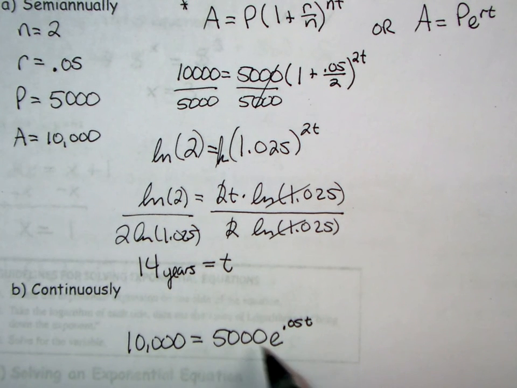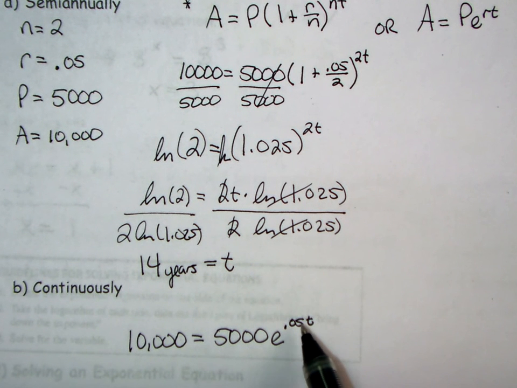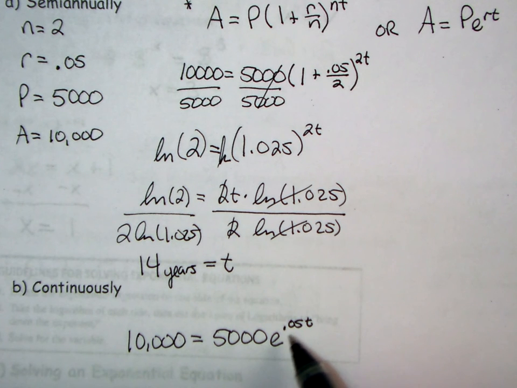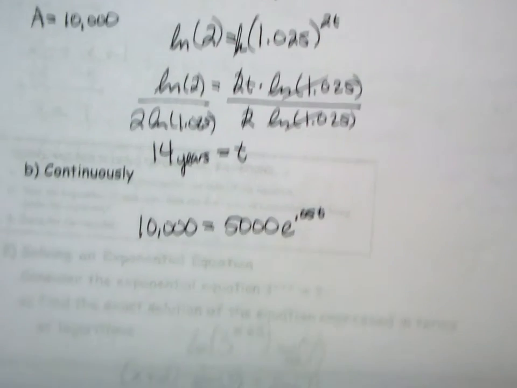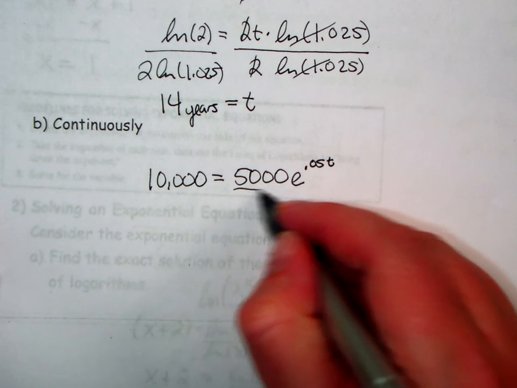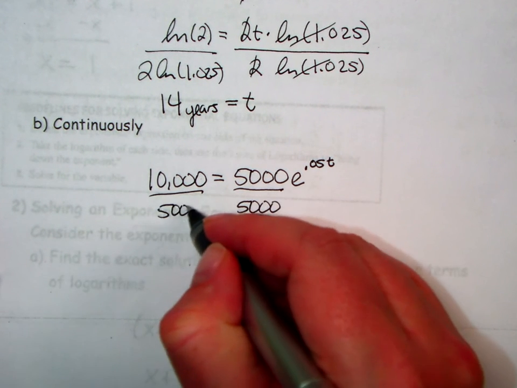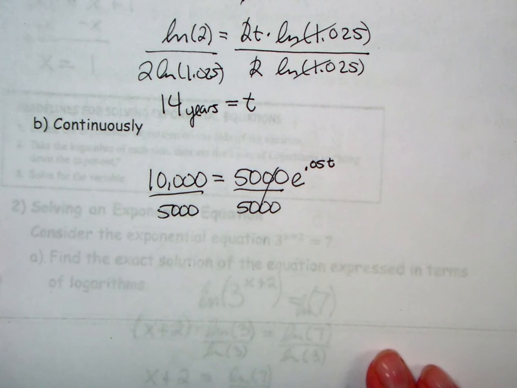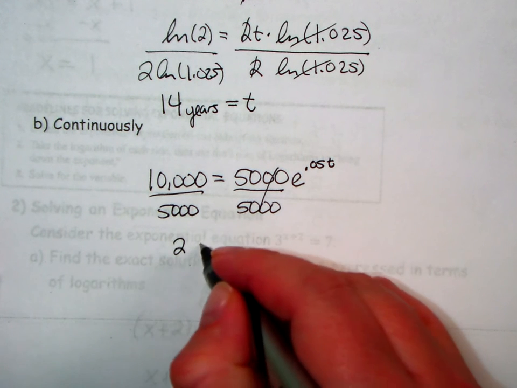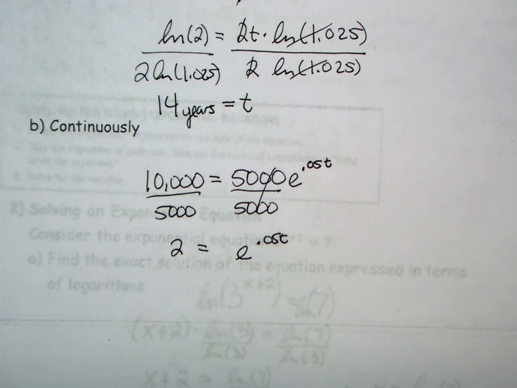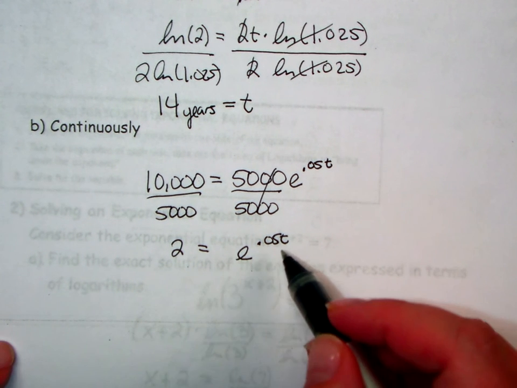Okay, so here I have an equation, and I need to solve for t, and it's inside this exponential expression. The exponential expression is just e to the 0.05t, so I want to get rid of this constant. So the first thing I'm going to do again is divide by 5,000. It'll cancel on the right, and then I'm going to get 2 on the left. And in order to solve for t in the exponent, I need to bring it down.